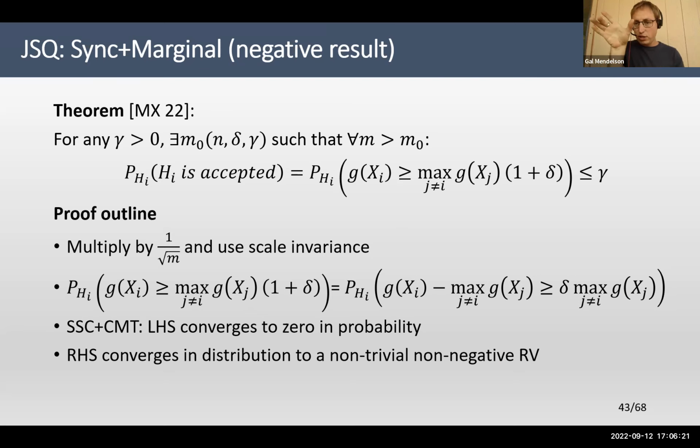So these vectors actually, in the limit, have the same distribution when they're scaled. So the left-hand side converges to 0 in probability, while the right-hand side converges to a non-trivial, non-negative random variable. So this probability, as m increases, will be as small as you'd like.